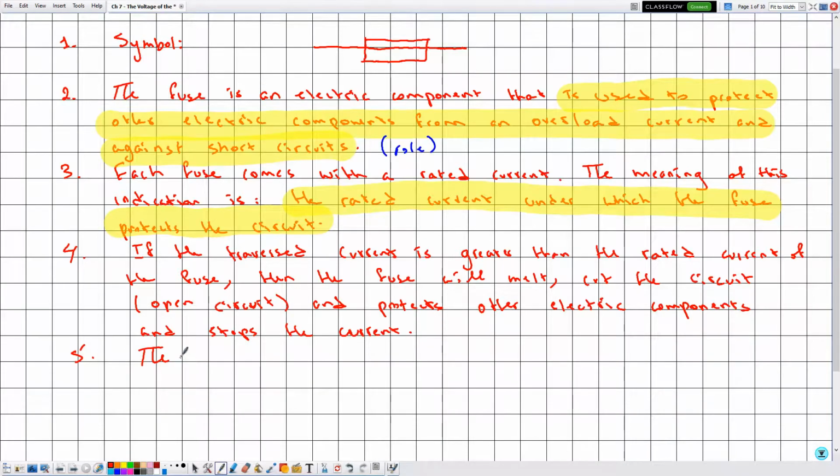Idea number 5 is that the fuse is of negligible resistance, and the voltage across it is 0.